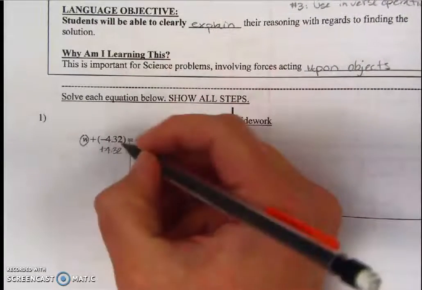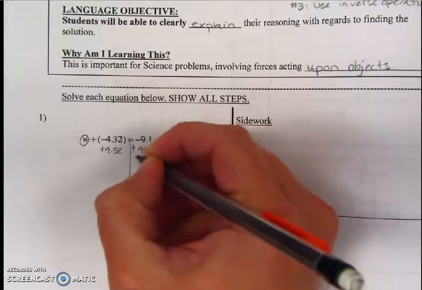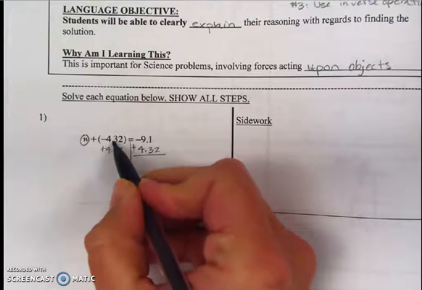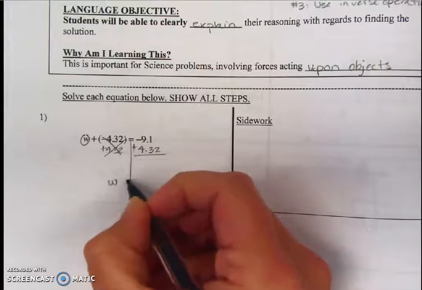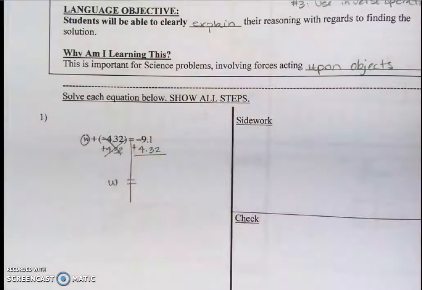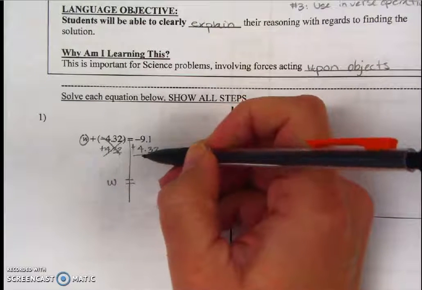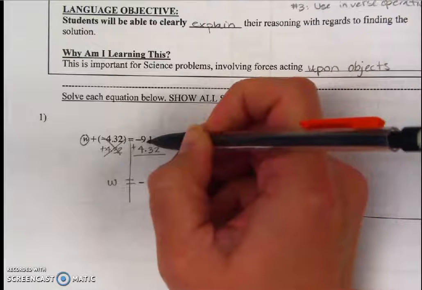Now, I'm not going to use the side work as much with a lot of these because some of these we can just line up right here. I know 4.32 minus 4.32 cancels out to 0. That's a 0 pair. And all I'm going to have left is W, so I'm going to bring that down. I see one of these is negative, the other one is positive. I have more negatives, and to find how many more, I'm going to subtract.